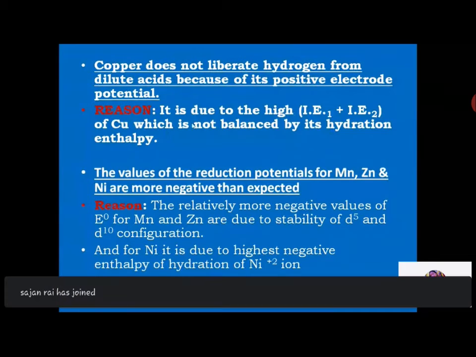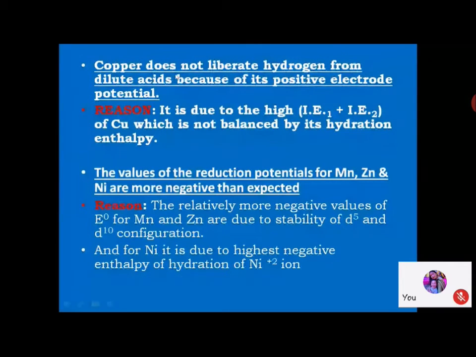Because of that, copper has a positive electrode potential.